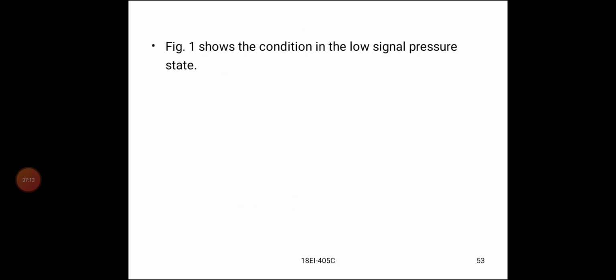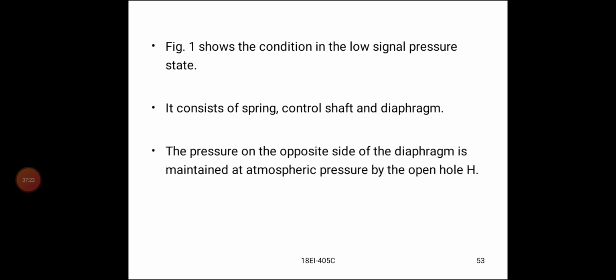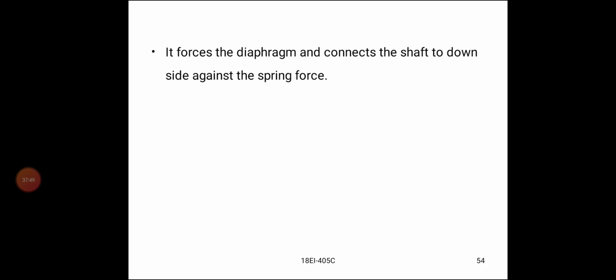Figure 1 shows the condition in the low signal pressure state. It consists of a spring, control shaft and diaphragm. The pressure on the opposite side of the diaphragm is maintained at atmospheric pressure by the open hole H. The input pressure applies a force on the diaphragm.